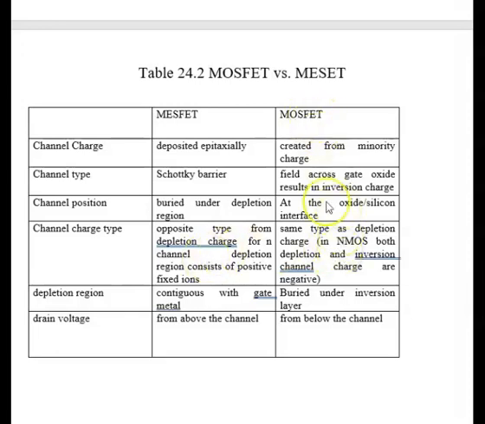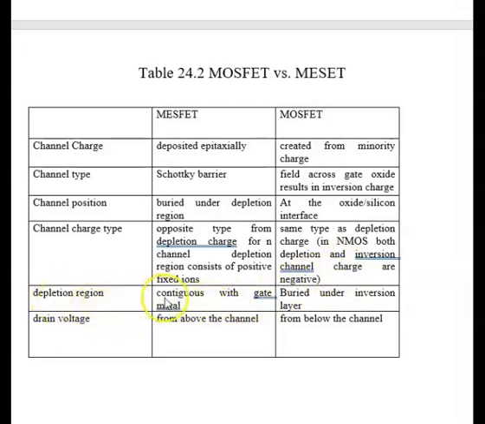Whereas here in the MOSFET, the depletion region is always the same sign as the channel. If it's NMOS, the depletion region is negative, and of course the channel is negative.